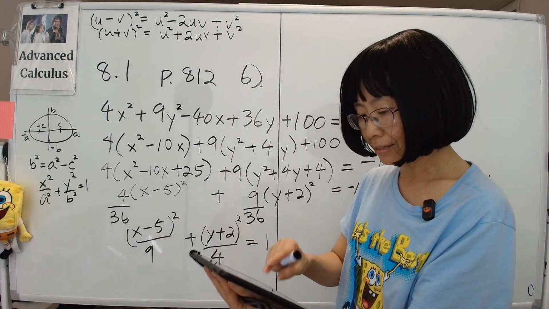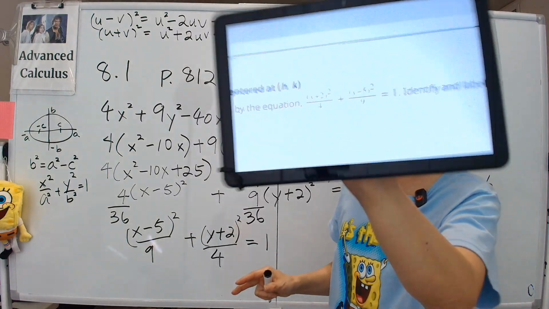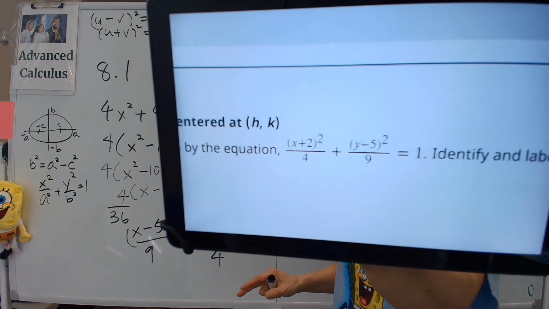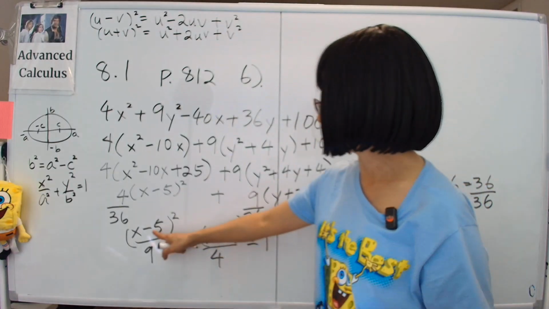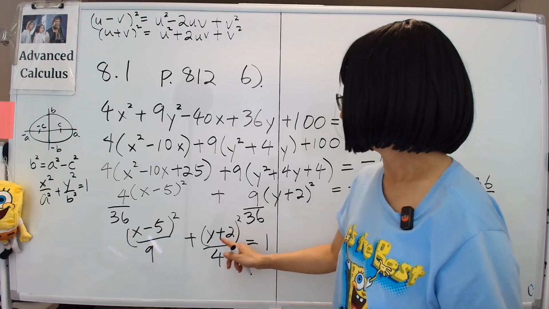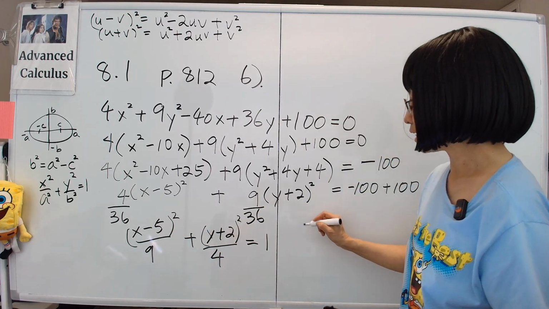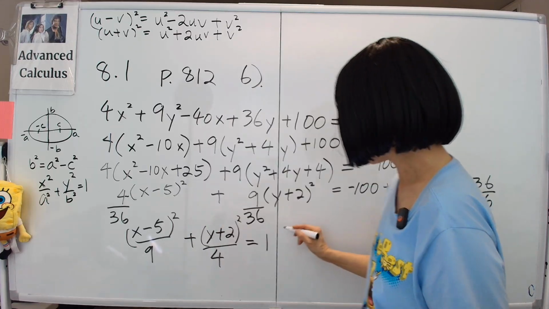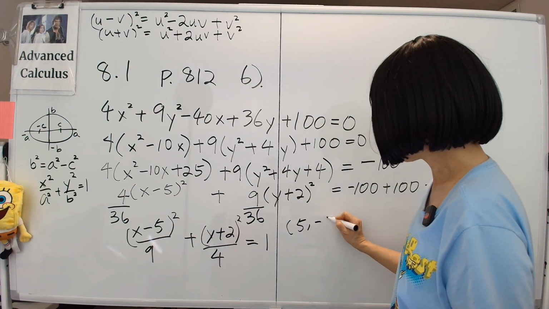So we are good. Now we have something that looks very much like the example before, example 5, where we have stuff that's divided by numbers, and then stuff equals 1, but it has some things being added and subtracted here. So the new center of the ellipse is at positive 5 and negative 2.